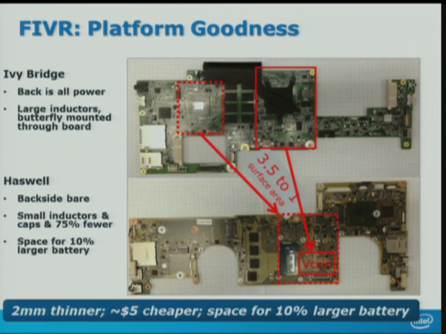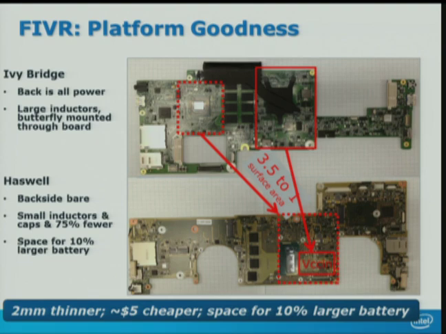You free up, in this particular application, they took a little bit of that saving and turned it into extra space for the battery inside the chassis. So they could build with a 10% larger battery. The form factor here shrunk, in this particular case, by 2 millimeters. Since there are fewer parts on the board, we saved about $5 in this case, and 10% more space for the battery.